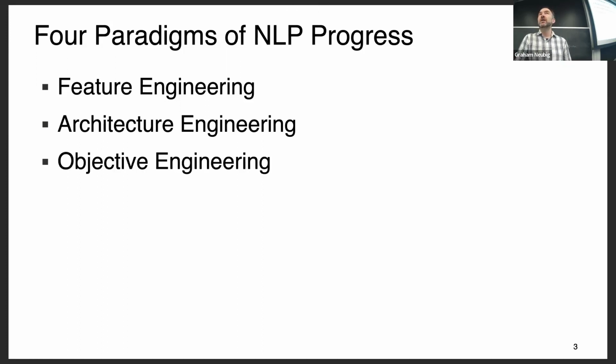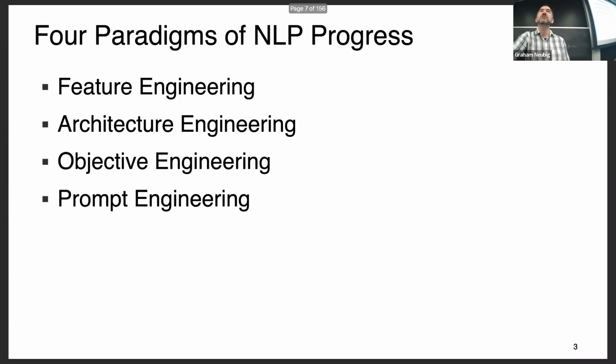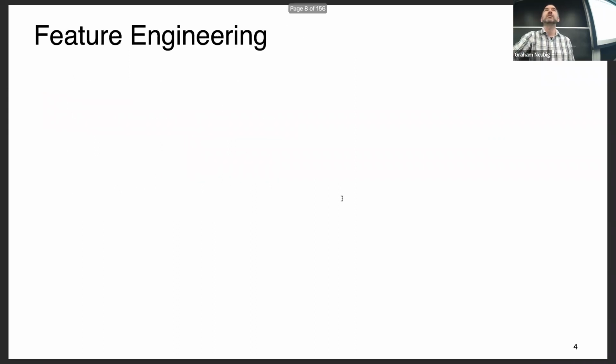After that, we followed with objective engineering, which was the pre-training that we talked about two classes ago. We choose an appropriate pre-training objective. And recently, we've been seeing people moving in the direction of prompt engineering. One thing I should point out is that none of these is entirely obsolete, but the relative importance of all of them has shifted over the years.